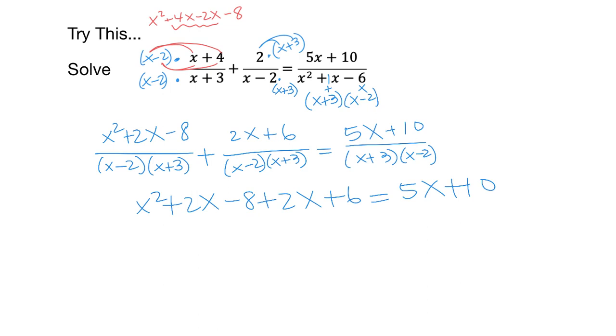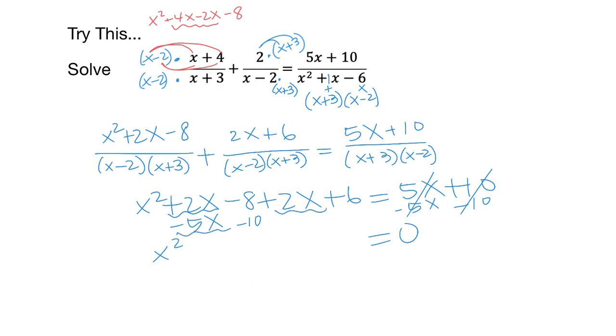So since we have x squareds and x's, I'm going to set this equal to 0. So I'm going to subtract 5x from both sides. And I'm going to subtract 10 from both sides. And I'm going to put all this stuff together. So there's a lot happening in this problem. So x squared was just all by its lonesome. We had lots of x's that could go together though. 2x plus 2x is 4x.